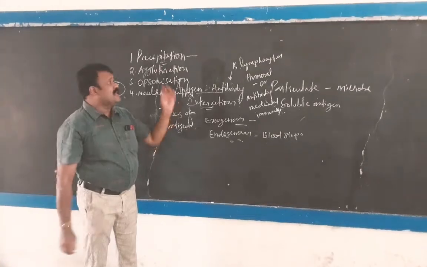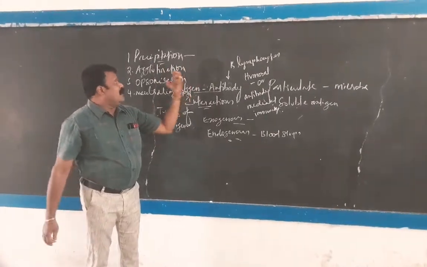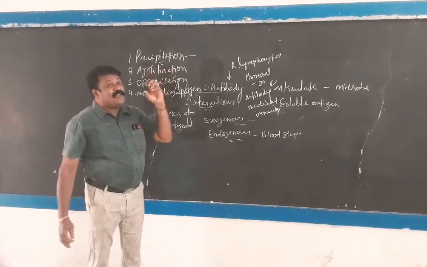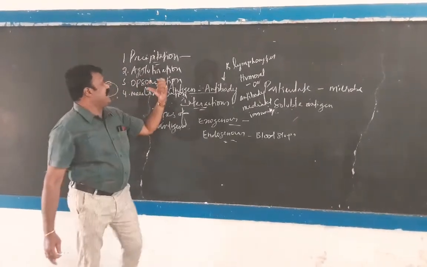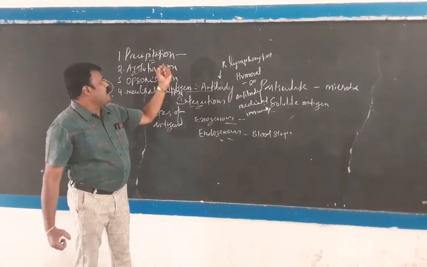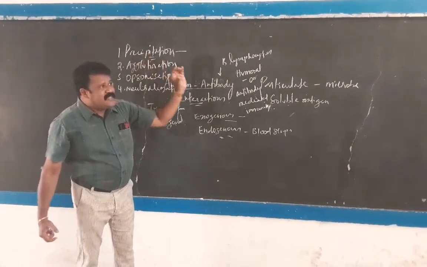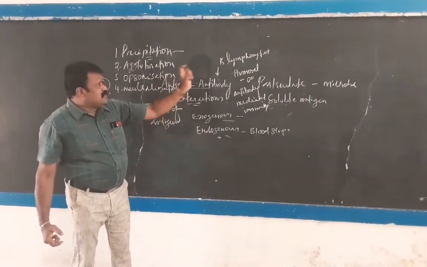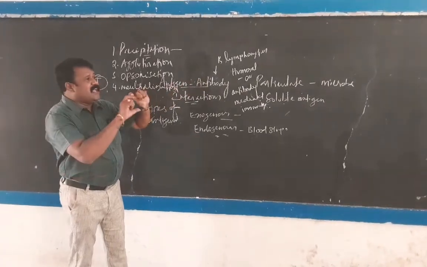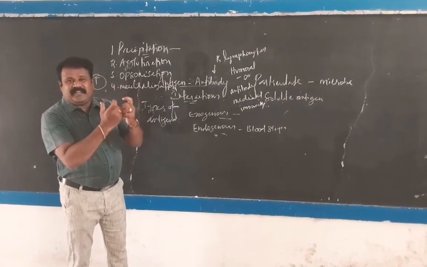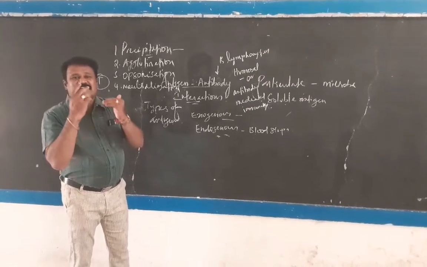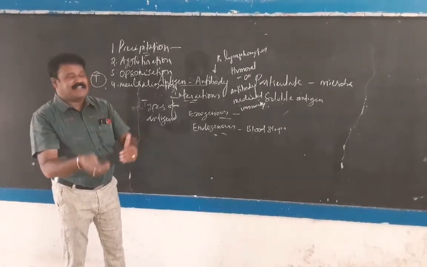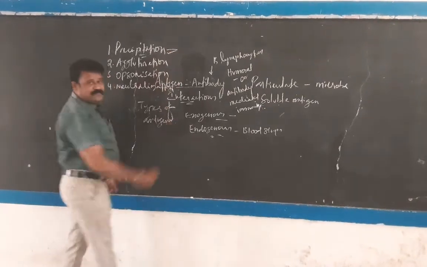Precipitate in the sense, liquidification takes place. When the antibodies go in contact with the soluble antigen, it becomes a precipitate. From the liquid state, it turns into a semi-solid state. That is why it is called precipitation.